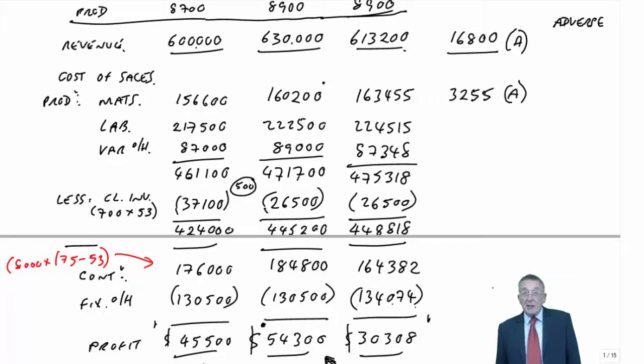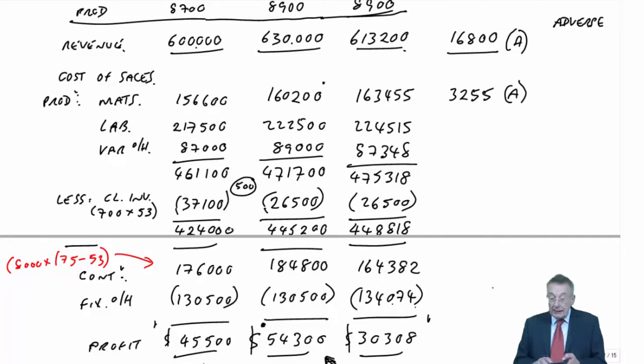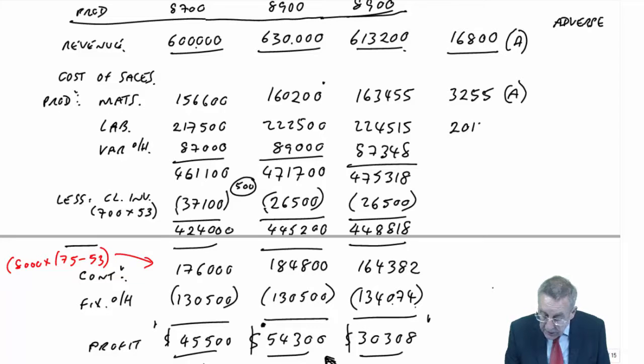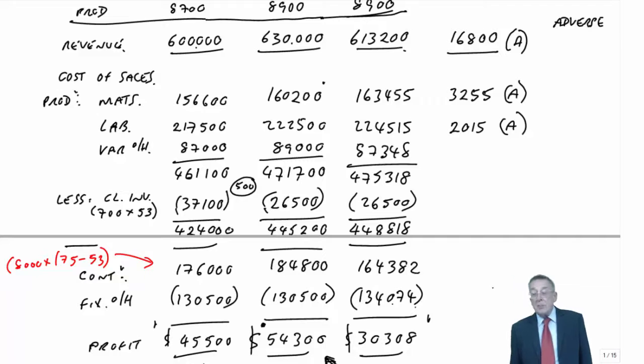A, adverse, means less profit. What about labour? Well, done badly there as well. We've spent 224,515. We should have spent 222,500. We've overspent by 2,015. So again, adverse. It's going to pull down the profit.